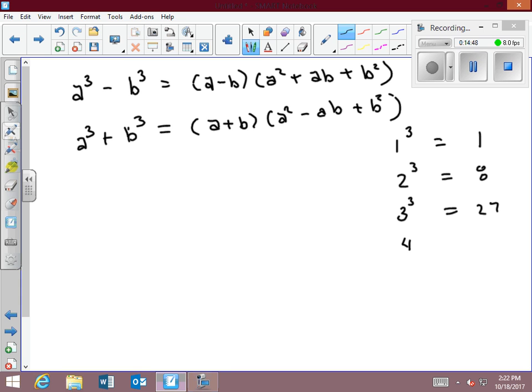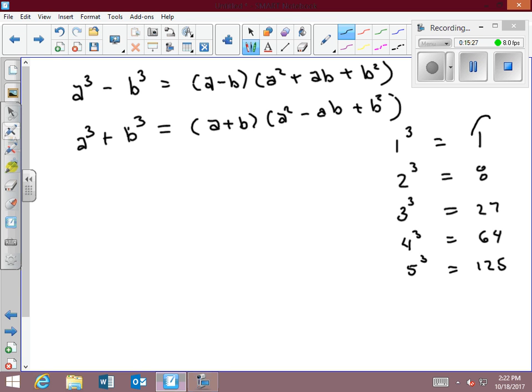When you cube 4, what do you get? 4 times 4 is 16. 16 times 4 is 64. When you cube 5, what do you get? 125.